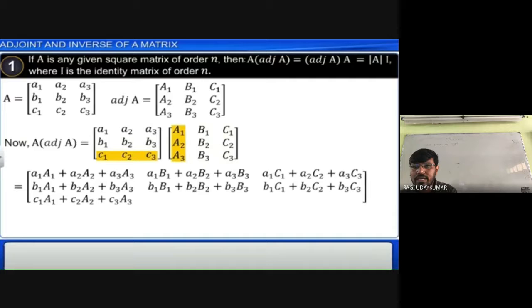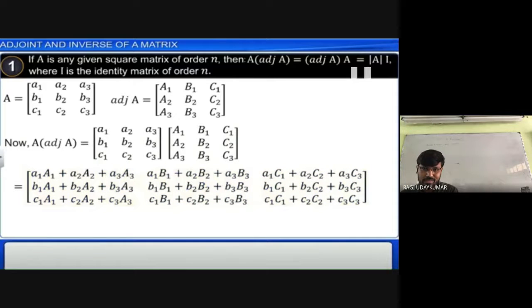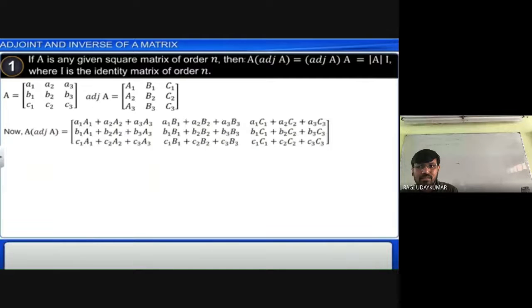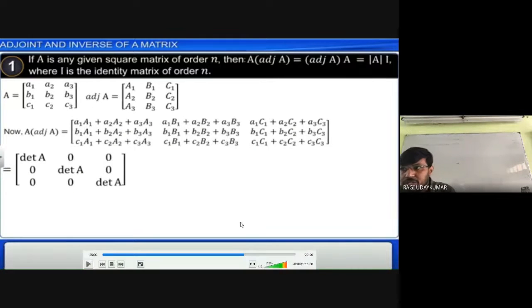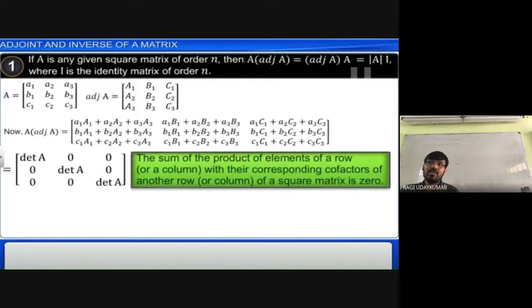And we have learned one theorem in the previous class that when you multiply any elements with their corresponding cofactors, the result is determinant of A. When you multiply them with the other row's cofactors, the result is 0. That's why the first element we are going to get is determinant of A, and the second and third are 0. Why do we get that?